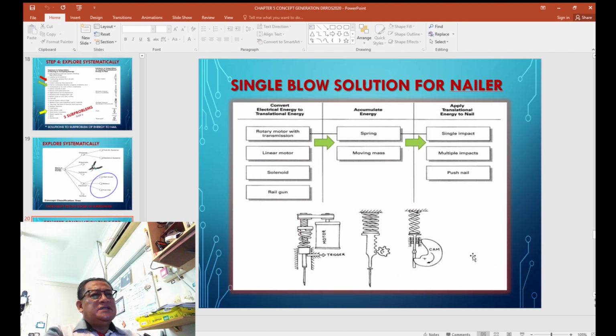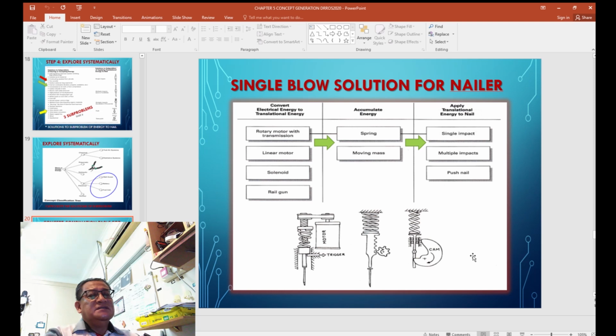So say we take a look at the single blow solution for the nailer, right? You may be able to use a rotary motor with transmission and then pass it to the spring, and the spring releases its stored internal power towards the single impact.